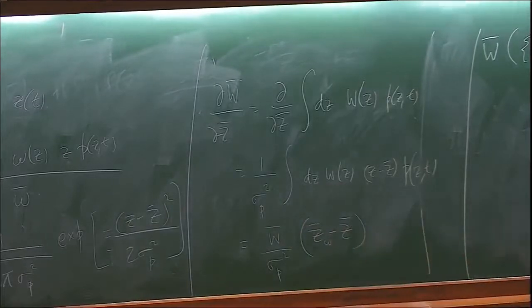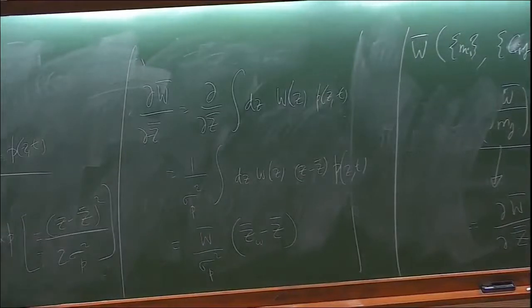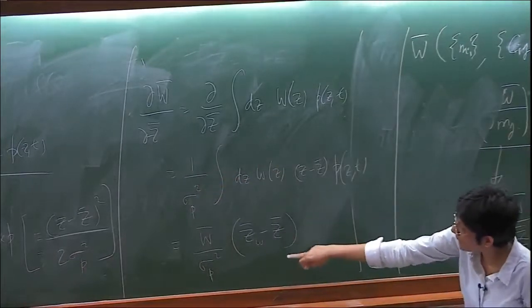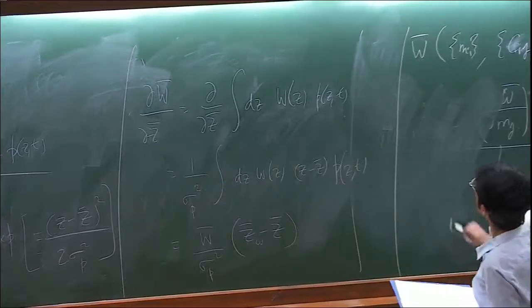Okay, so I'm trying to create that object that I want to prove. I want to get this guy. This I already wrote an equation for, starting from our population genetics. I wanted to create this object, z bar w minus z bar, which is what I have done here. So I note that dW by dz bar is equal to this object, the right-hand side of the Breeder's equation.